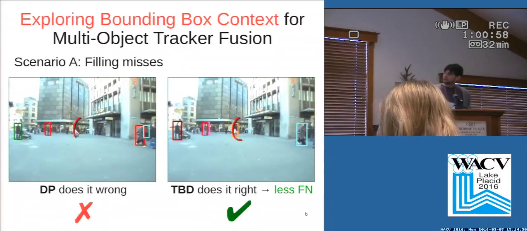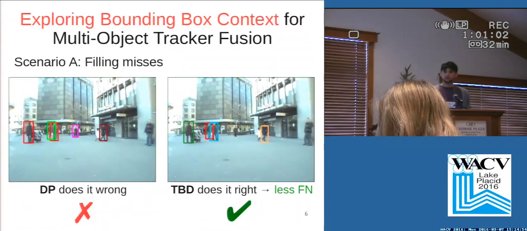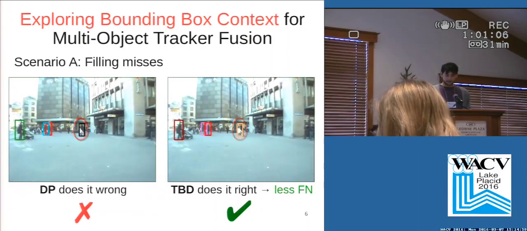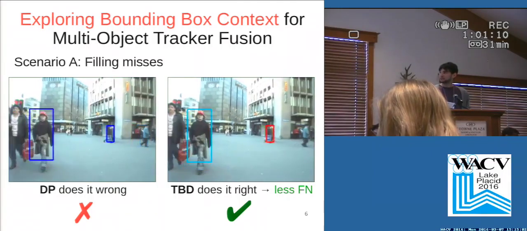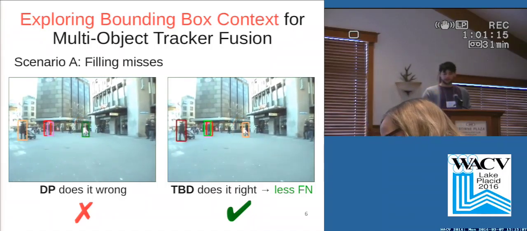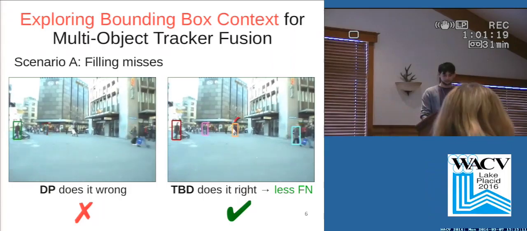On the left we can see the DP method that fails at filling holes when a detection is missing, while the TBD tracker does it right, and at least for the woman, not for the child unfortunately, but at least for the woman, gets a consistent track, consistent ID. So you could say, yeah, then let's not take the DP tracker, let's take the TBD tracker instead.